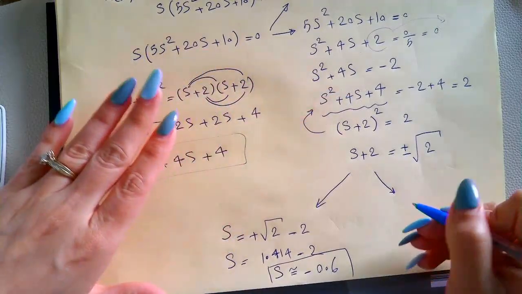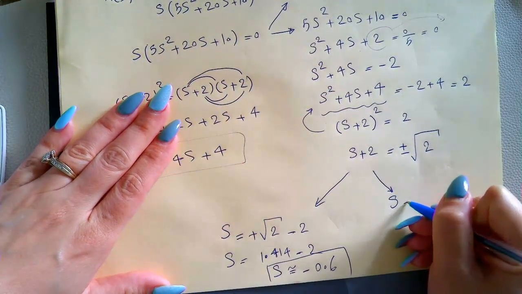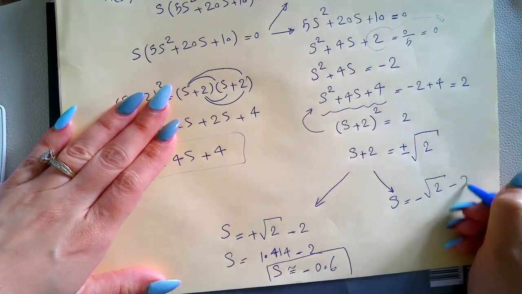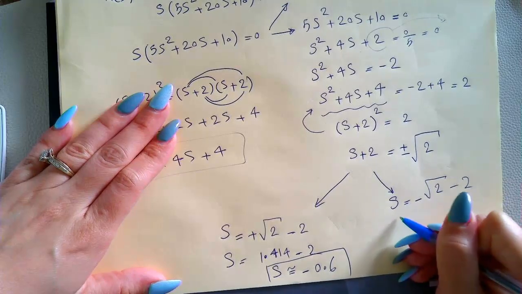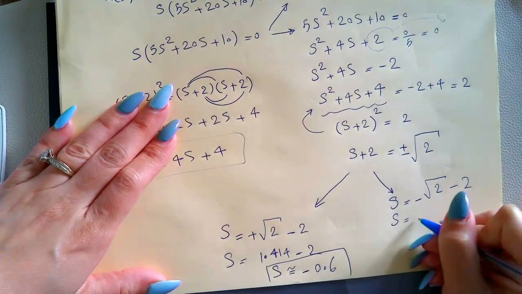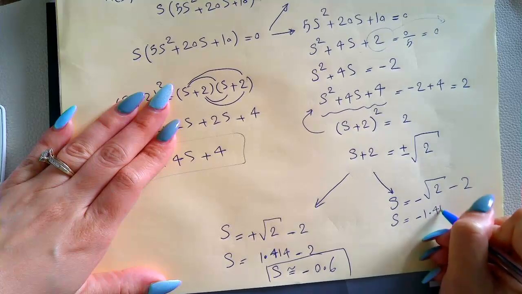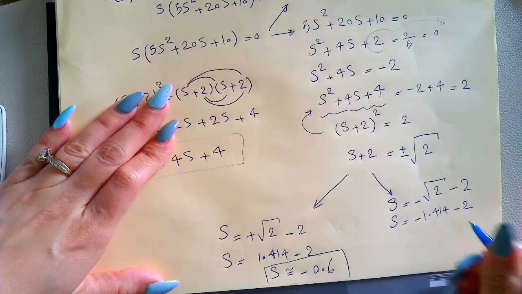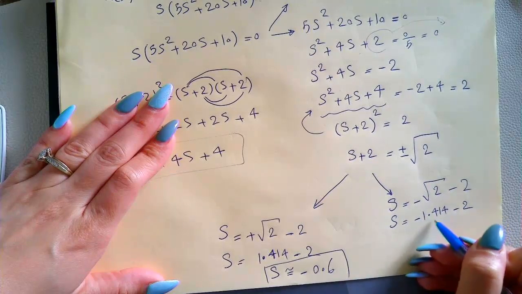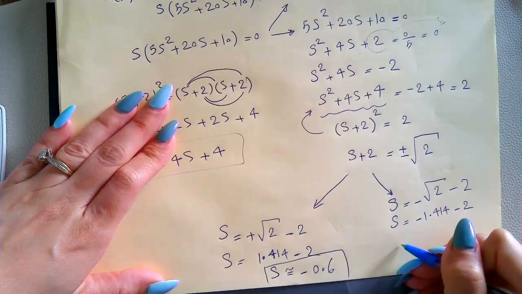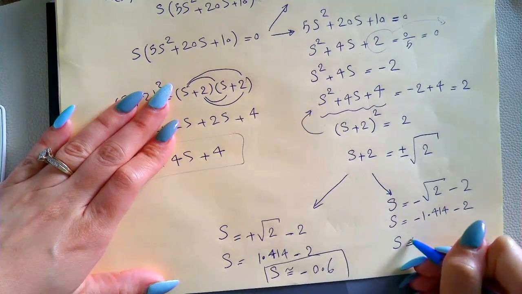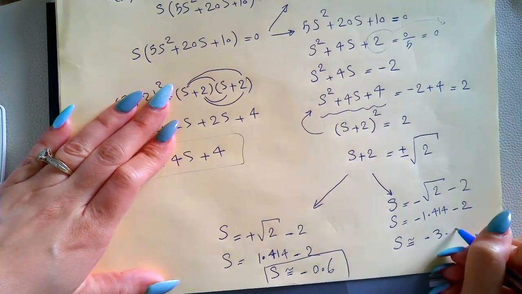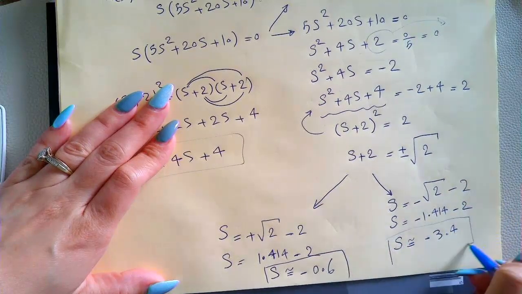Another option is when s is minus square root of 2 minus 2. So the result will be minus 1.414 minus 2. Taking only one digit after the decimal point, that gives us an approximate value of minus 3.4. So what are these values that we calculated?